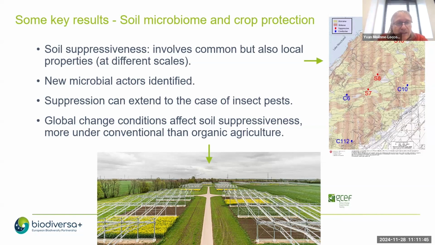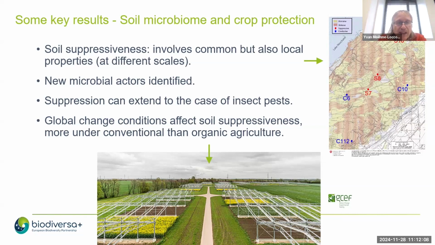The second result I would like to highlight is the fact that in our survey, we discovered new microbial actors that are potentially involved in suppressiveness. And for some of them, mycorrhizal fungi, we tested them under greenhouse conditions to establish their actual contribution to that property.